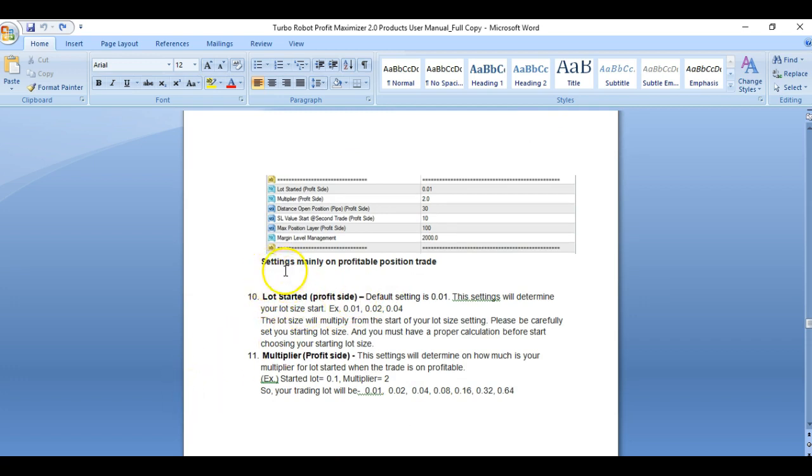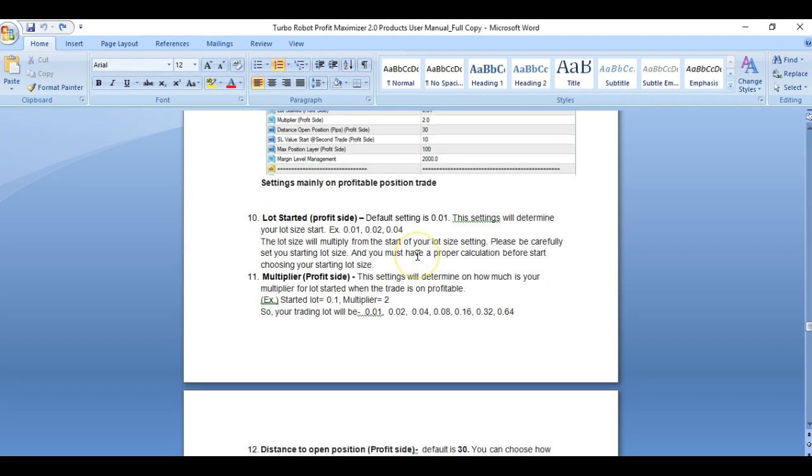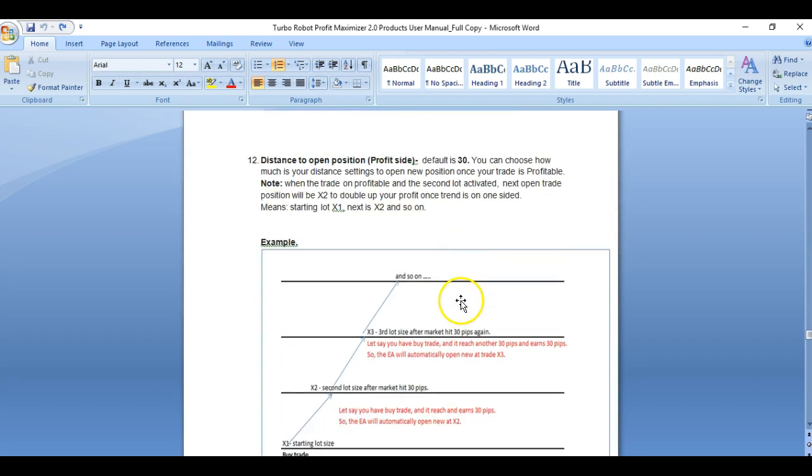And your lot profit side. So this is your profitable open position. This is your anti-martingale. All right, so this is the one. And you start with the lot size as well. It's the same as our martingale from just now. So you have your martingale profit side, explained very well in your manual, especially on your full copy.